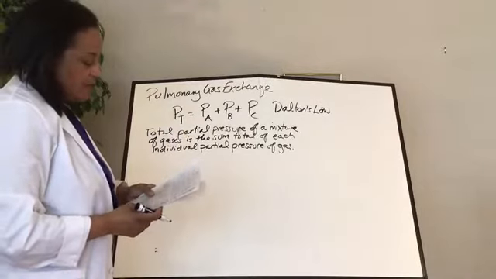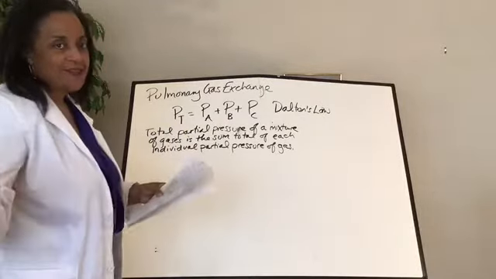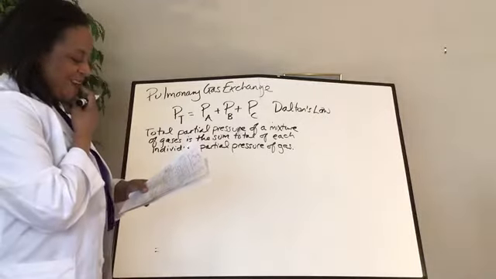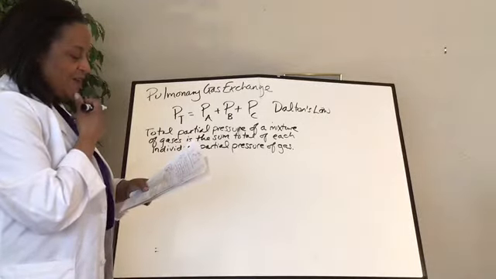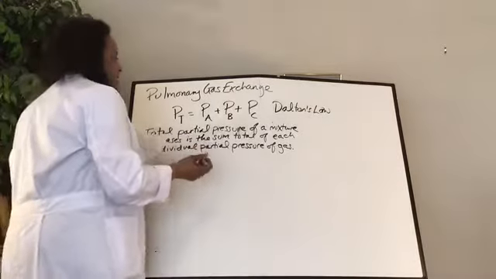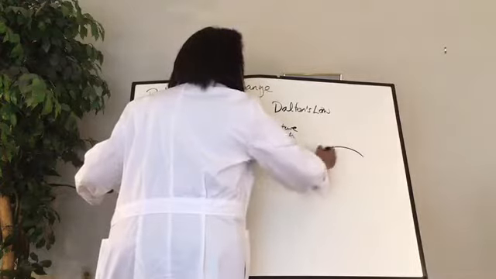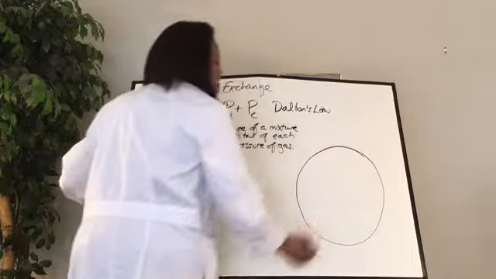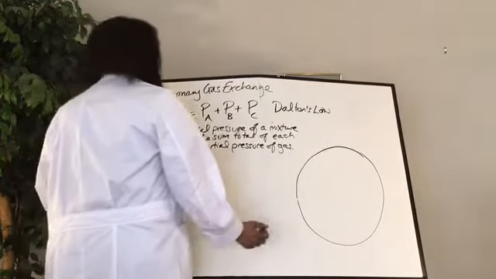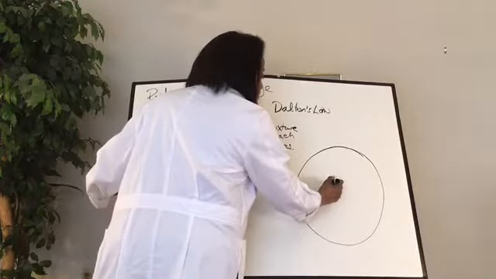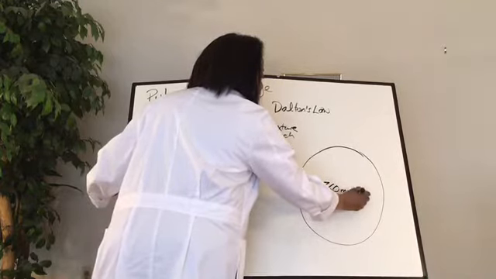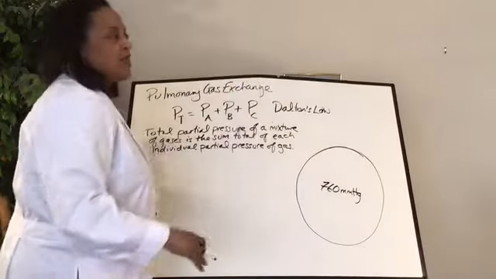Good. So how did that turn out? Well, let's look at the concentration of the atmospheric gas. So let's just say this is our atmosphere. We're just going to make it 760 millimeters of mercury. And that, of course, is our room.